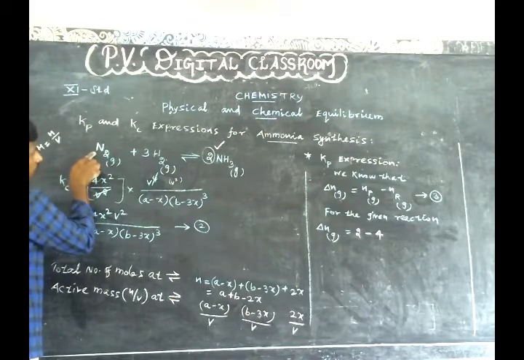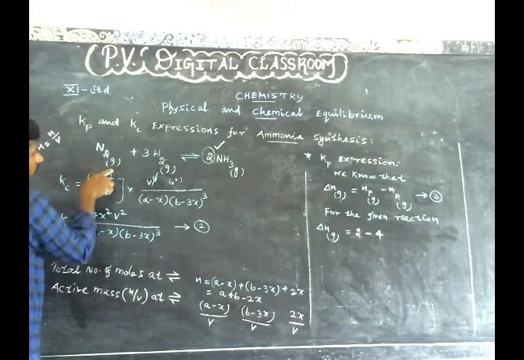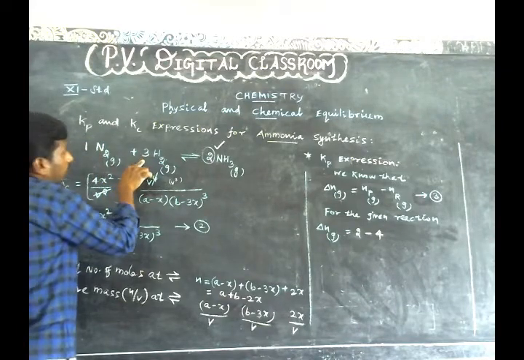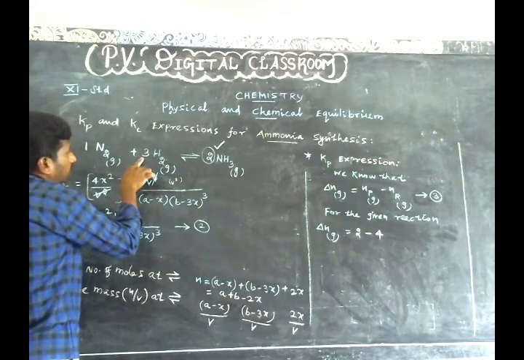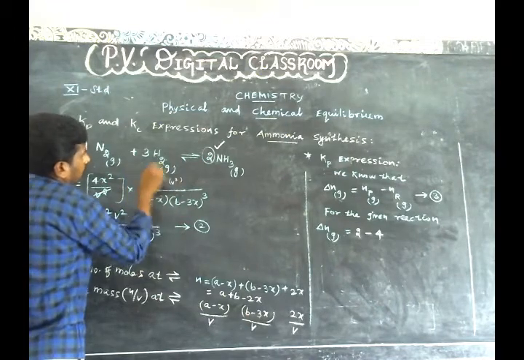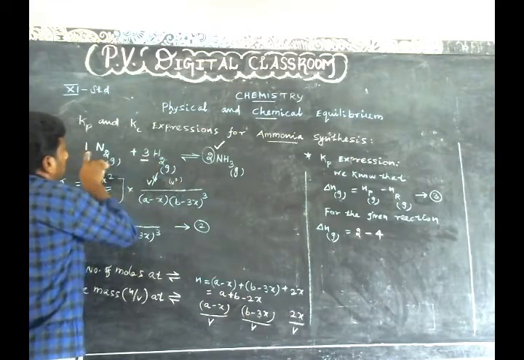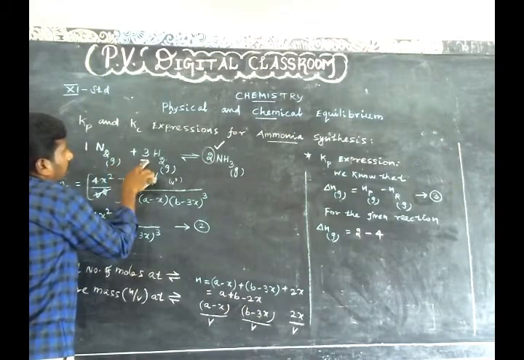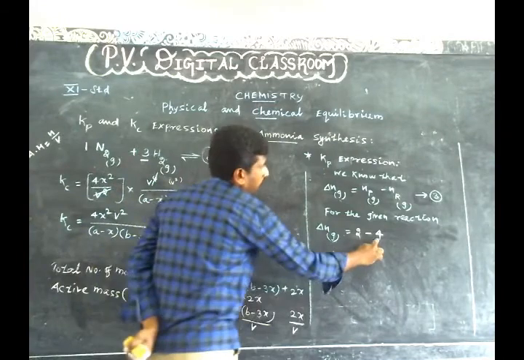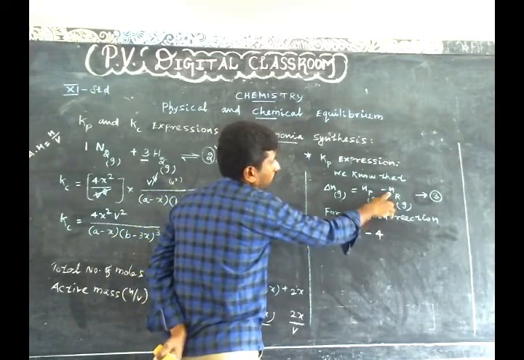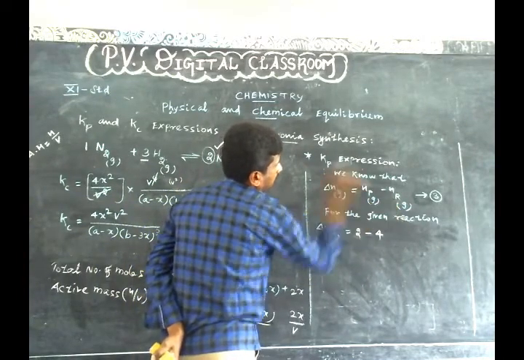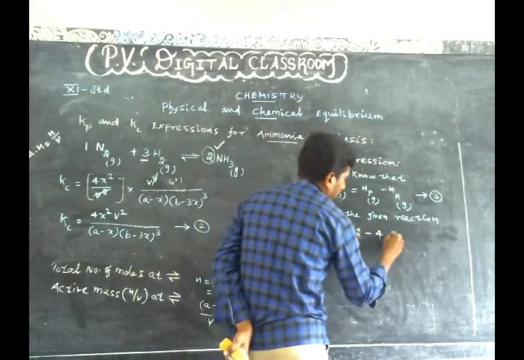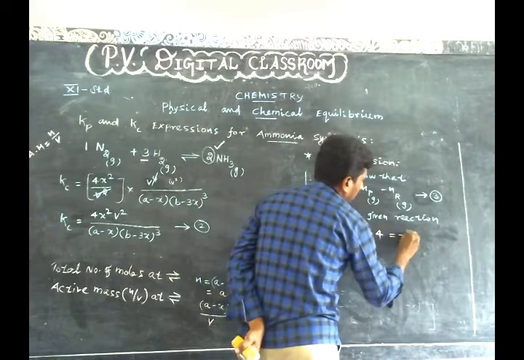Number of stoichiometric moles of nitrogen gas is 1, and number of stoichiometric moles of hydrogen gas is 3. 1 plus 3 is equal to 4, which is equal to total number of moles of gaseous reactants. 2 minus 4 is equal to minus 2.